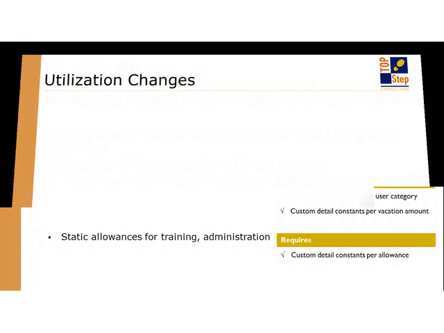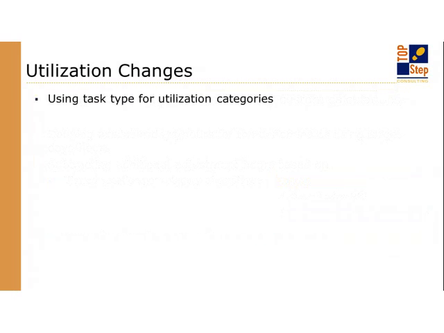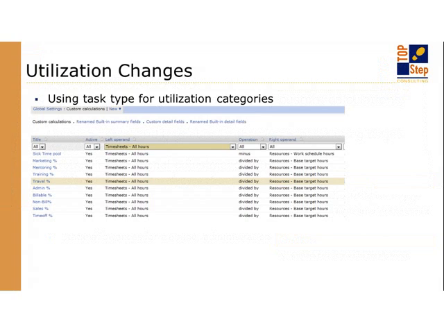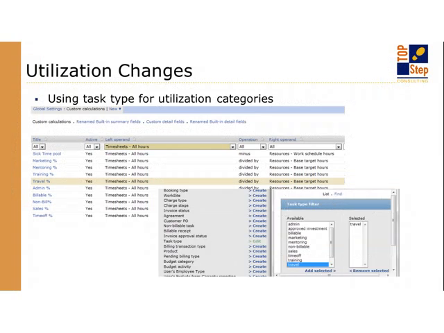And then with the filtering features that are also available on custom calculations, task type being a big one when it comes to utilization. Here's an example from my system where I've marked up and keep track of time against tasks based on task types of things like marketing and mentoring and training and travel. I want to understand where the team is spending their time in the company.